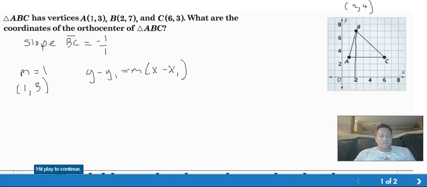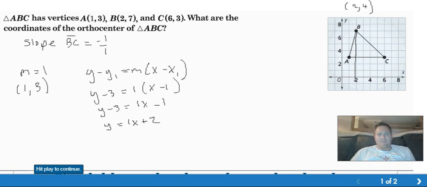So this is going to give me y minus 3 equals 1 times x minus 1. Okay, I distribute and solve, we'll do it kind of quickly. y minus 3 equals 1x minus 1. I add 3 to both sides, and y equals 1x plus 2.